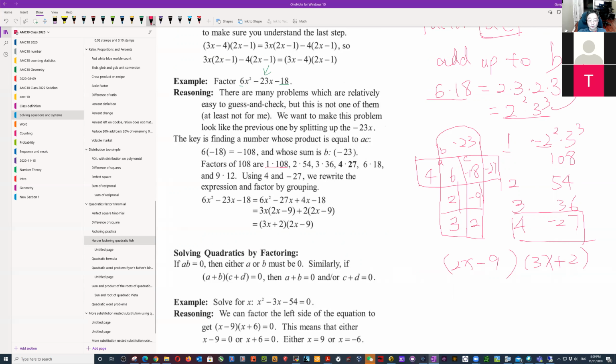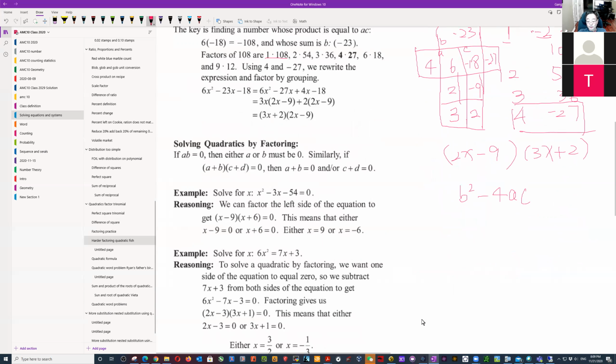It's called the discriminant. The discriminant is b squared minus 4ac. You can tell if this quadratic is factorable by checking if this number is a perfect square.